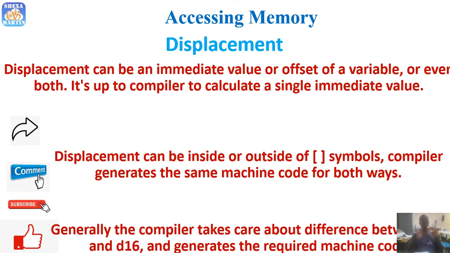So by default, the data segment is the one that is used with the registers that you may have, except those with the BP register. They use the SS register, that is the stack segment register. Right, so that's it.